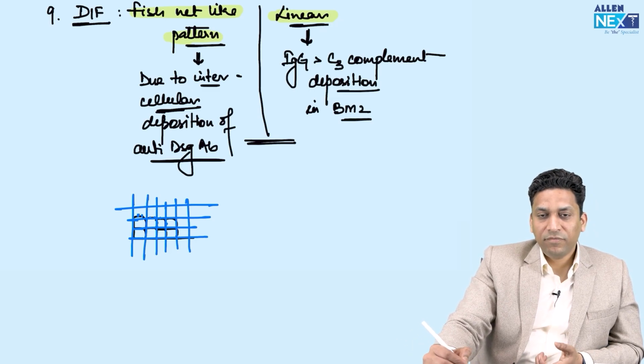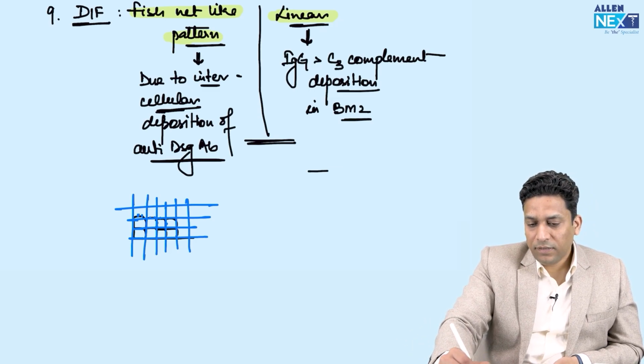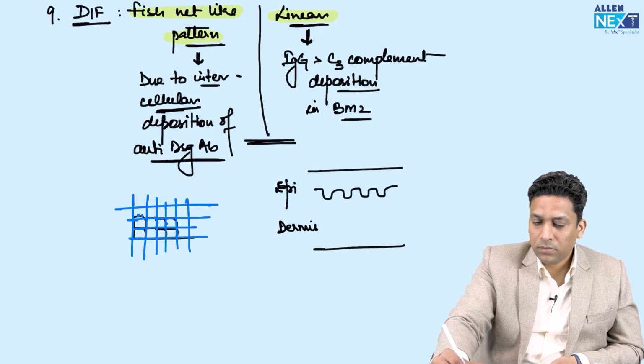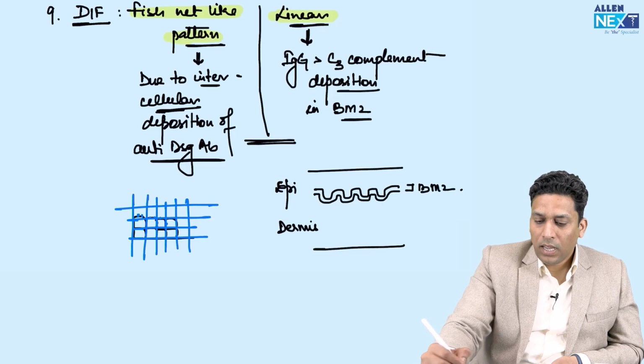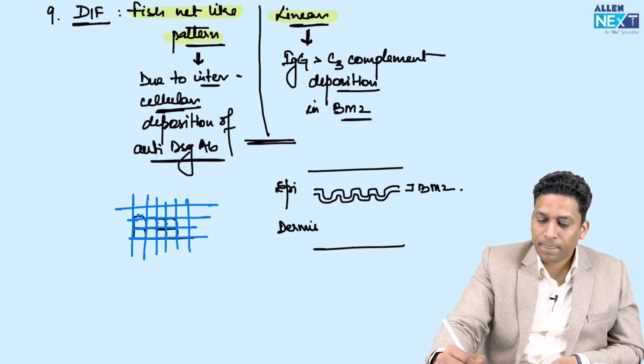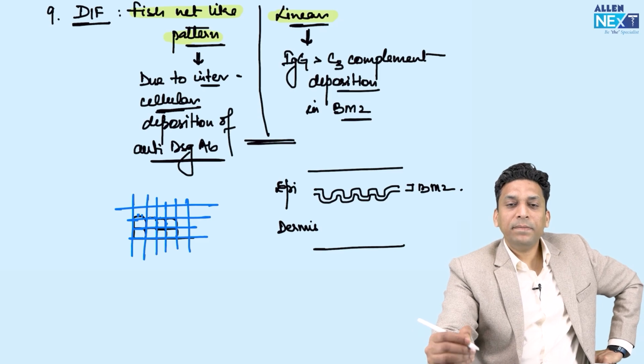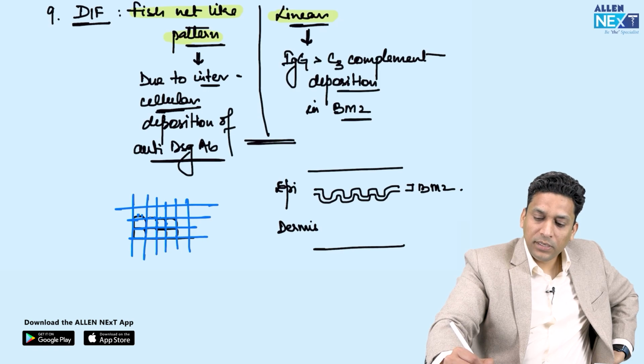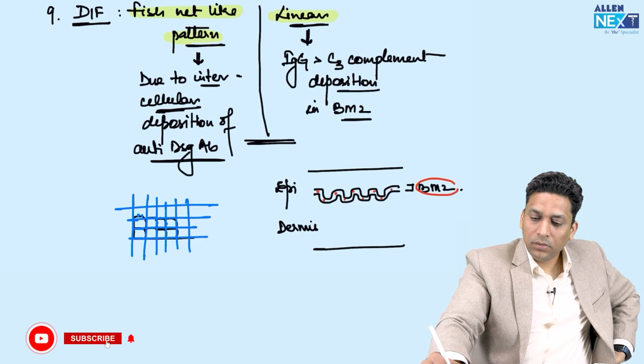But in pemphigoid, what is happening? If this is the section of the skin, and this is epidermis and this is dermis, what is in between? In between is the basement membrane zone. Both these antigens, that is BPAG1 and BPAG2, that is Bullous Pemphigoid antigen 1 and 2, are present here in the basement membrane zone.